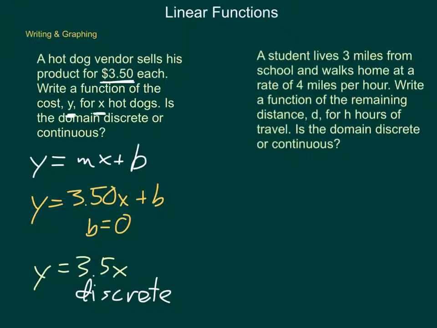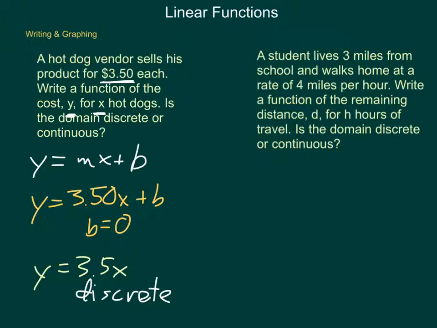Let's take a look at our next one. A student lives 3 miles from school and walks home at a rate of 4 miles per hour. Write a function for the remaining distance, d, for h hours of travel. Is this domain discrete or continuous? So let's look at our situation.